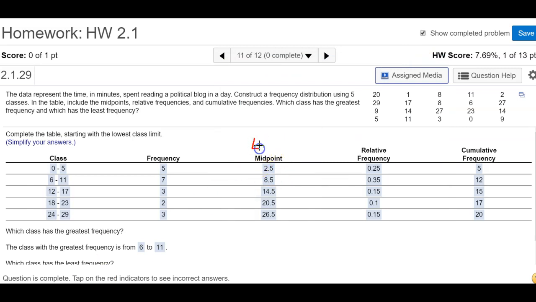Midpoint is your lower limit plus upper limit divided by 2. Your relative frequency is frequency divided by the total number, in which case it is 20, which will give you 0.25. Your cumulative frequency, you simply add up all your frequencies.